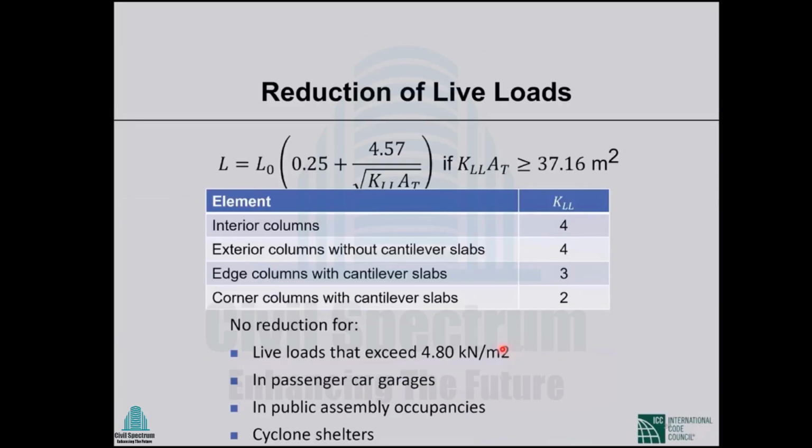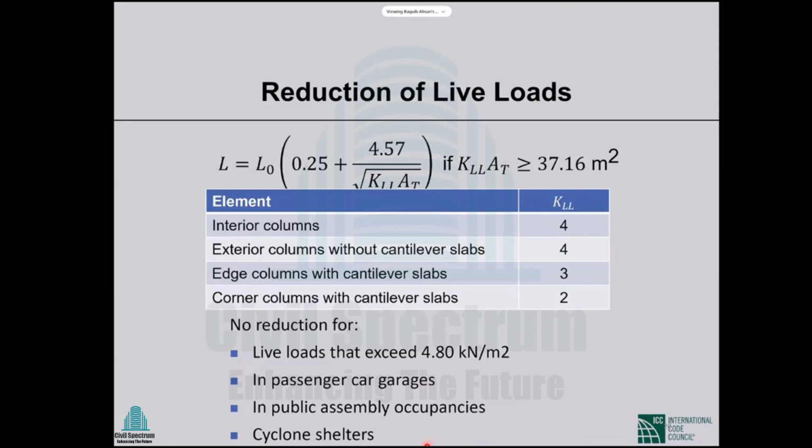Reduction of live loads, I think you know about this. I think this was there in the previous code too, but still it depends on the tributary area. I think this is automatically taken care of by many software, but still if the tributary area of live load is above a certain value, then you can reduce the live load.